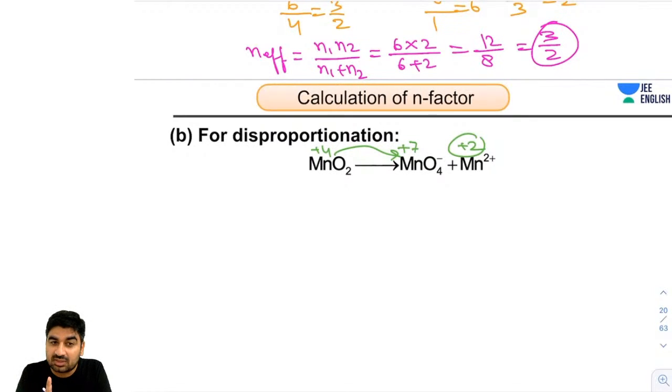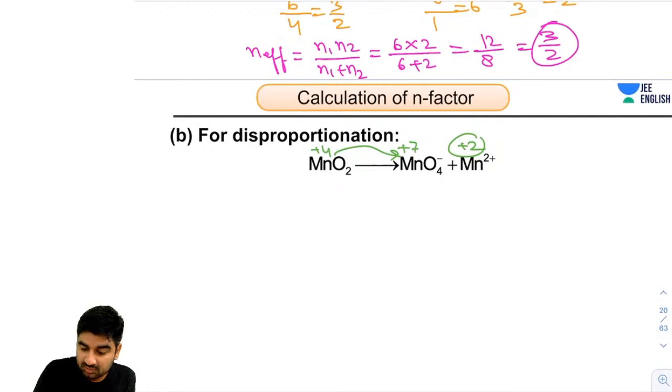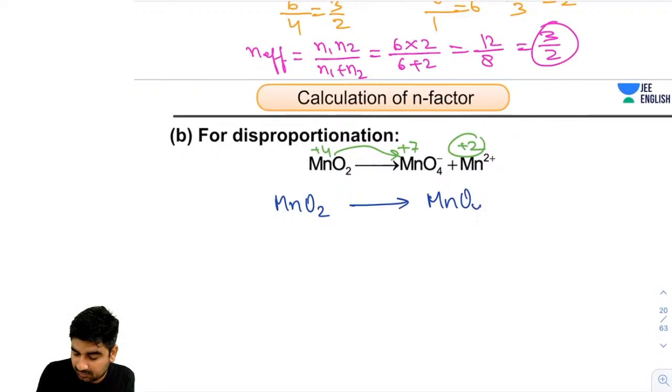So oxidation as well as reduction of Mn is taking place. I will say Mn is undergoing disproportionation. So it will give me MnO2 going to MnO4 minus, plus 4 to plus 7, 3 electrons.